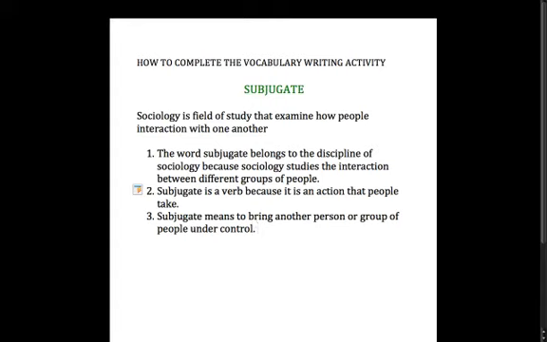Alright, that sounds okay. Now the last sentence, number 4, is to write a sentence using the word subjugate. And here's where a lot of problems are occurring. A number of these sentences are being written using everyday context or everyday situations.